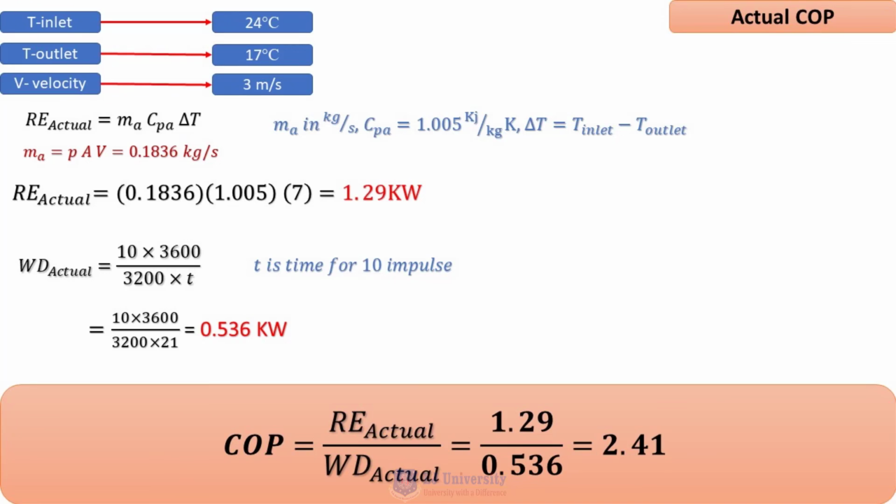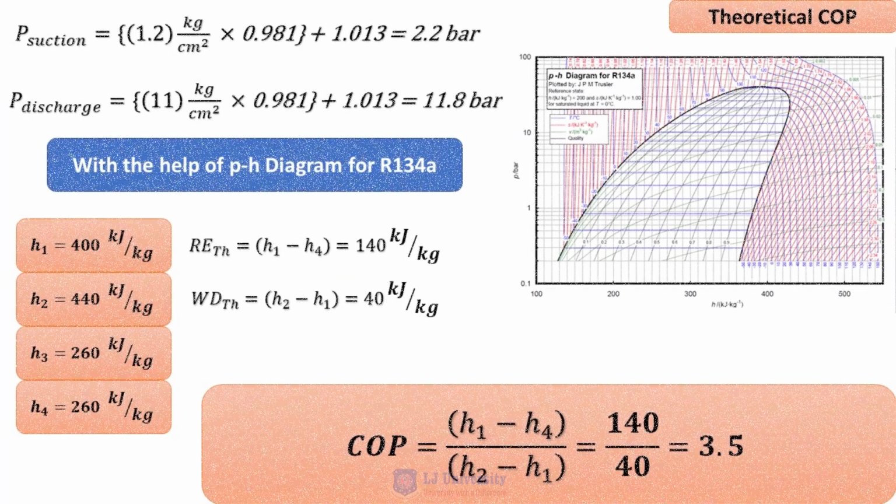Now let's calculate the theoretical COP. For the theoretical COP we require two pressures. From the pressure gauge readings we have the suction pressure as well as the discharge pressure. Using these two values, we can locate the 4 points on the pH chart of refrigerant R134a. From those 4 points we get the enthalpy values H1, H2, H3 and H4.